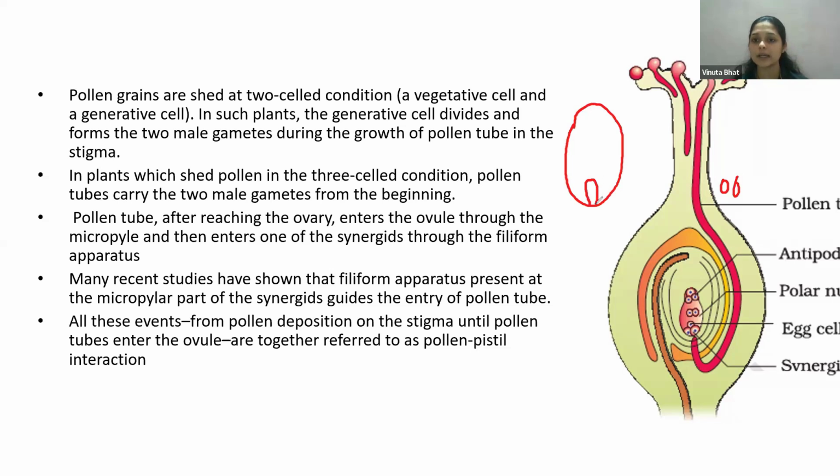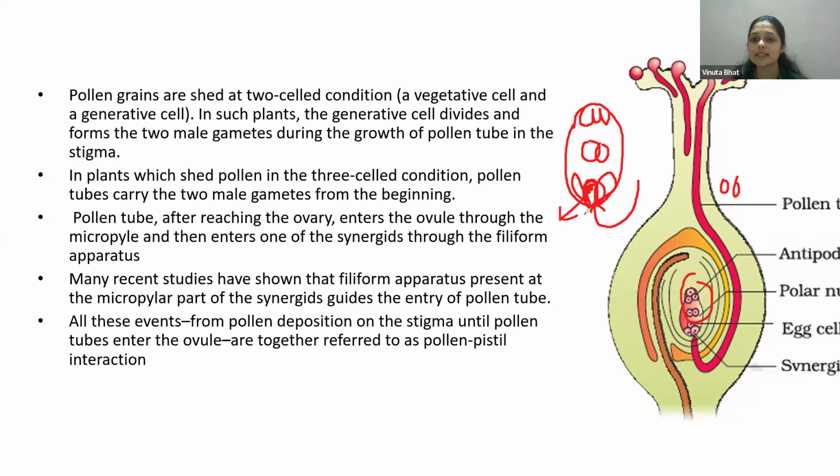So here in the micropylar region, synergids are there, the egg cell is there. So this is the egg cell and the central cell and the antipodals. Okay, so this is the structure of this embryo sac. The one male gamete which enters through the micropylar region fuses with the egg cell.